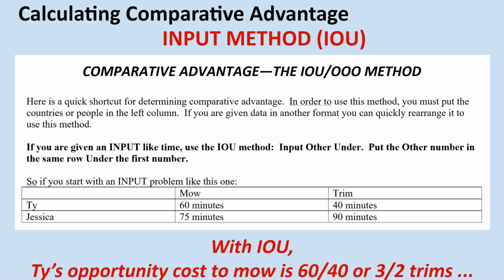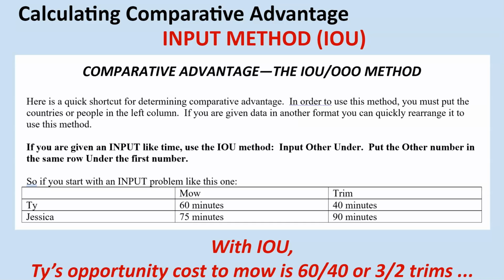And what you're going to do is compare the time that it takes to mow and trim in opportunity cost of the other item. So in this example with IOU, by bringing over the input other under, 60 goes under 40 for trimming, and then the 40 minutes for trimming comes under the mowing, 60 over 40, or 3/2 trims.